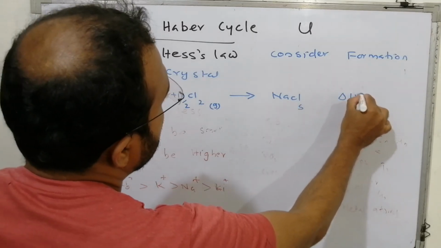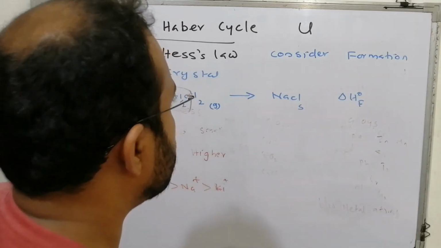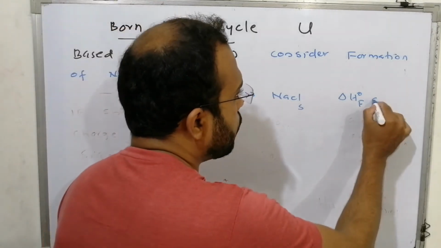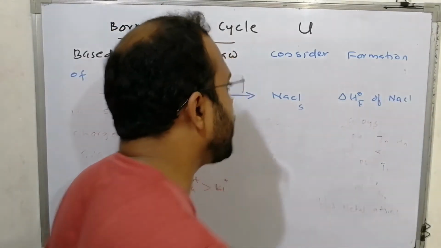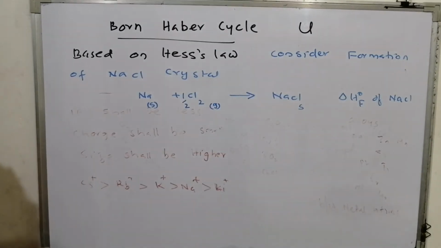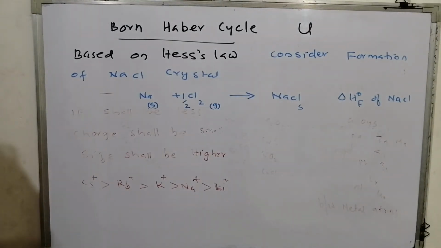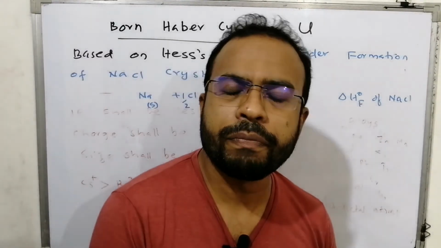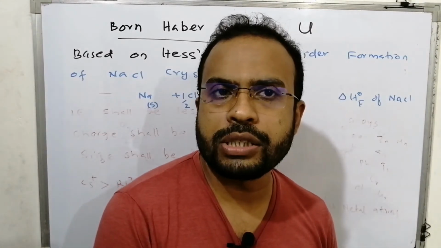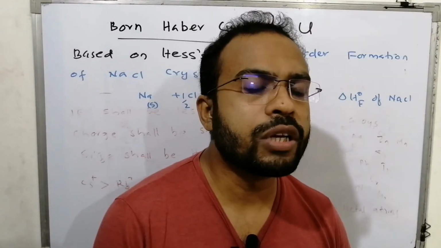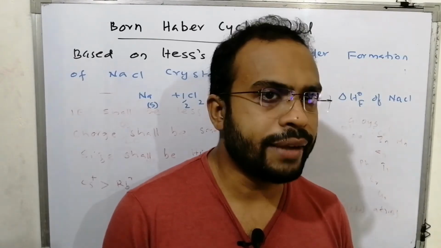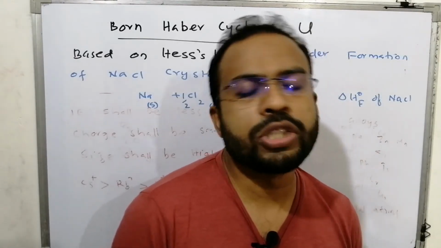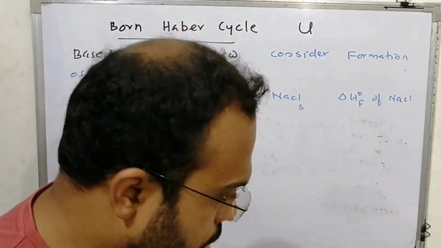The energy change is called the enthalpy of formation of sodium chloride. That is, you take 1 mole of sodium, half mole of chlorine gas, and let them react. You will get 1 mole of sodium chloride lattice, and the enthalpy change is called the enthalpy of reaction.